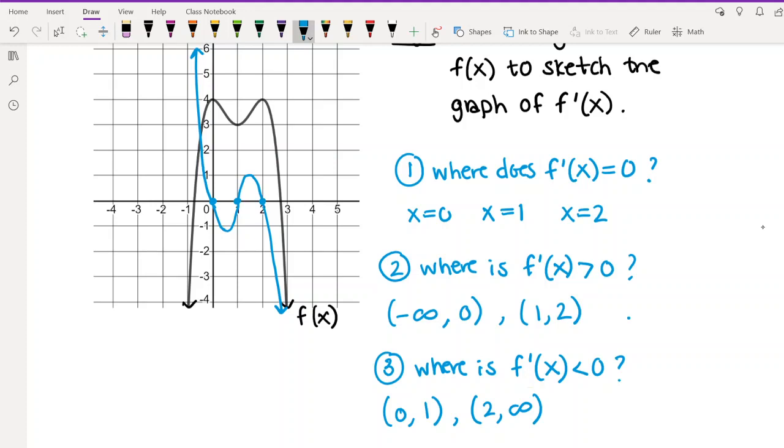Really, all I would be looking for is basically that you answered these 3 questions correctly. So you should be drawing a graph that is equal to 0 at the places where the original function has a horizontal tangent line. You should be drawing a graph that is above the x-axis wherever the original function is increasing. And you should be drawing a graph that's below the x-axis wherever the original function is decreasing.